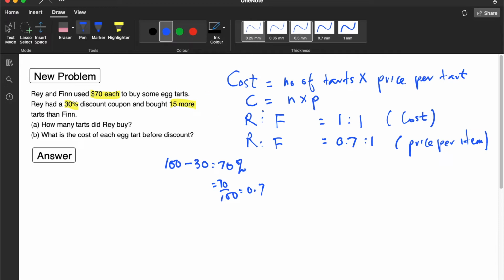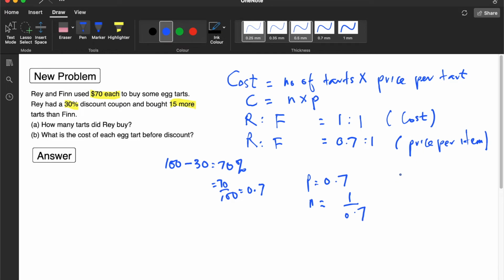Now, in this particular case, both of them use the same amount of money. In other words, the C remains the same for both. So in order to get the same C, the number of items for Ray must now be increased, because the price is now 0.7 of the original. So the number of items cannot remain the same. It must be 1 over 0.7.